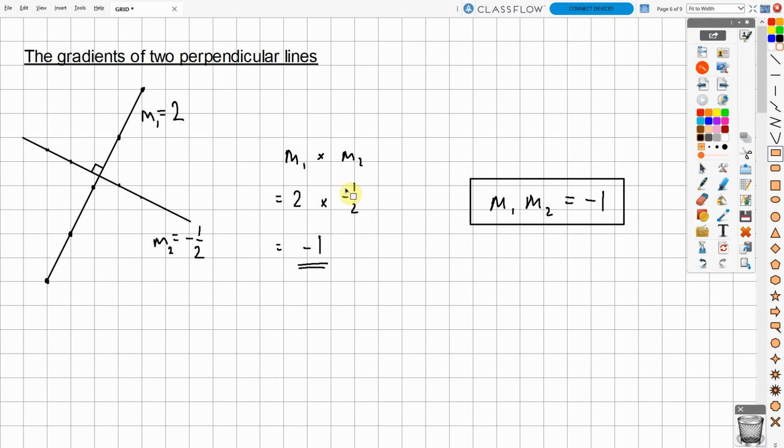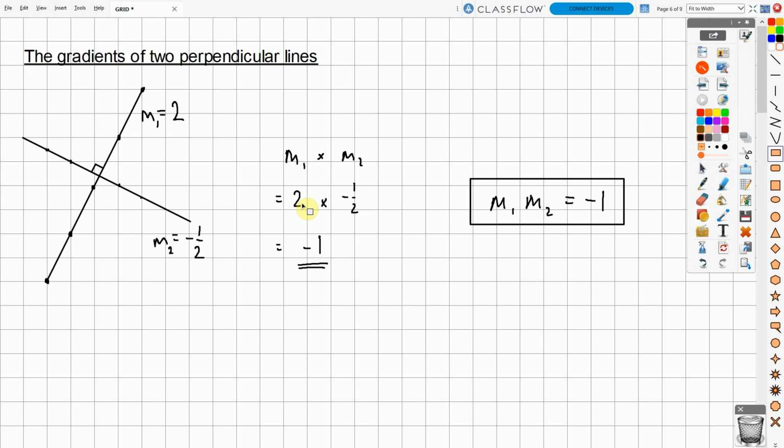So -0.5 is the negative reciprocal of 2. Put it the other way around, 2 is the negative reciprocal of -0.5, because if we look at the negative reciprocal of this, we lose the negative sign and this becomes 2/1. We're left with 2. So in your mind you can say that 5 pairs up with -1/5.